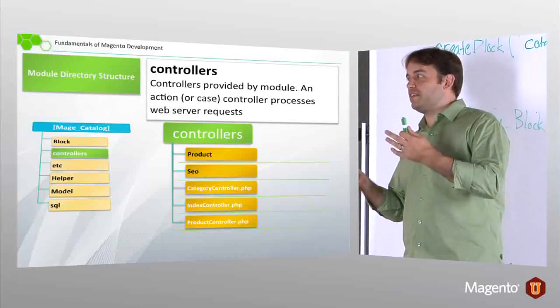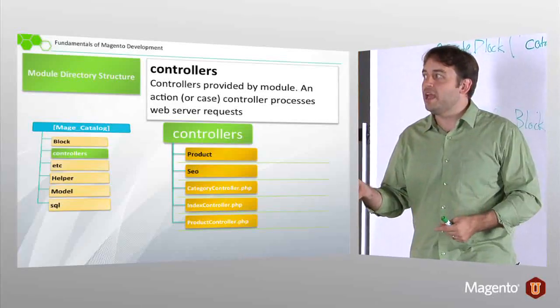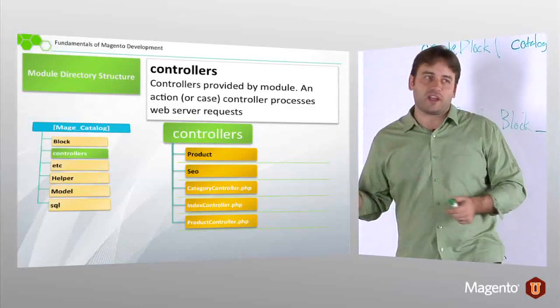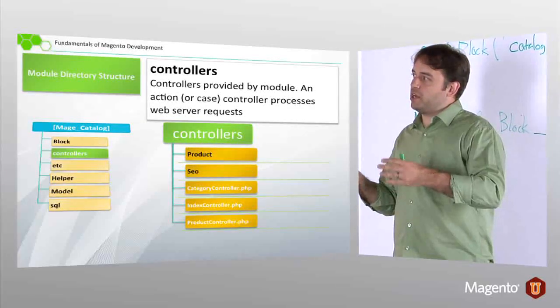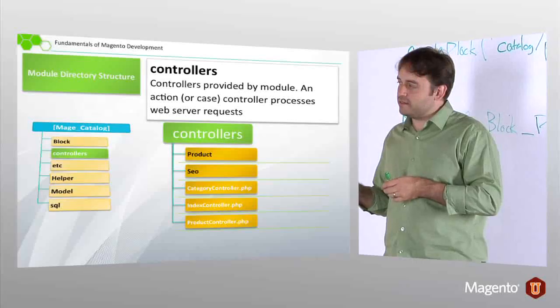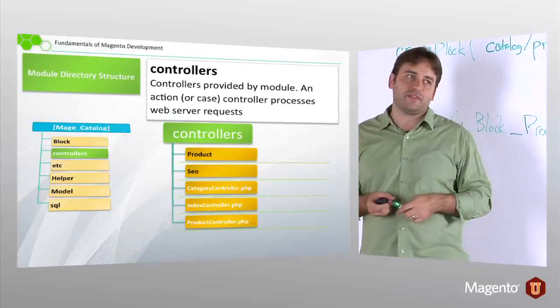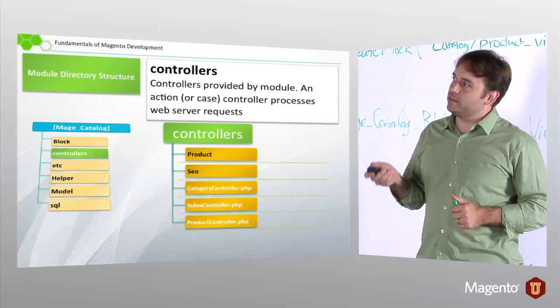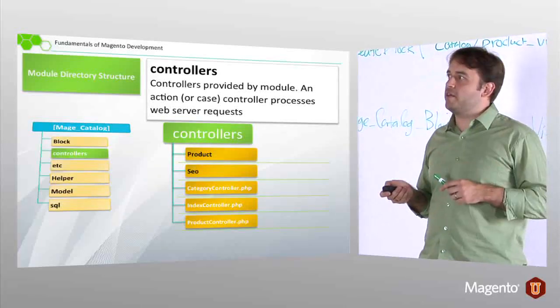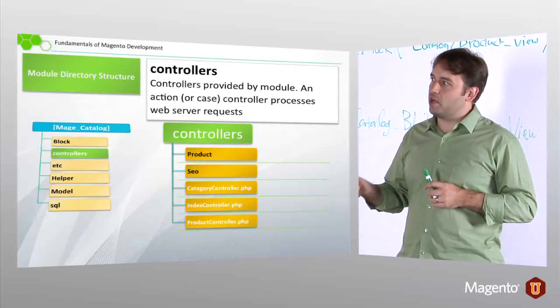Once we get to the controllers folder, it's more like a conventional routing system in that these are matched based on paths. We'll look at that in detail later. For now, just remember that the controllers are not included by the autoloader, whereas block, helper, and model are.